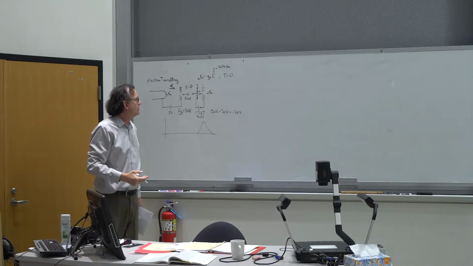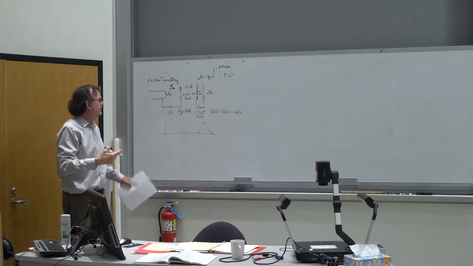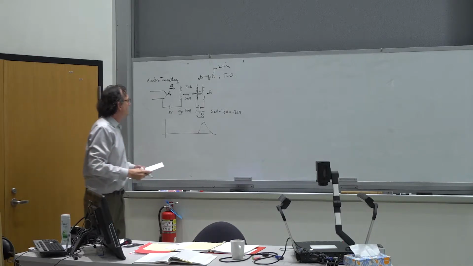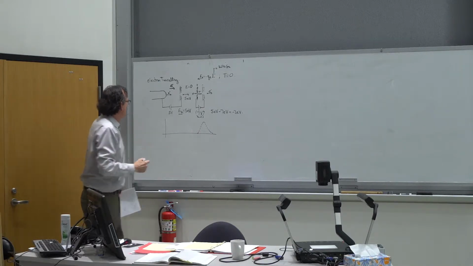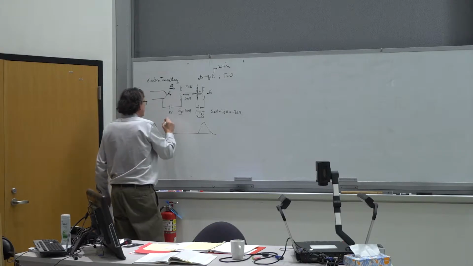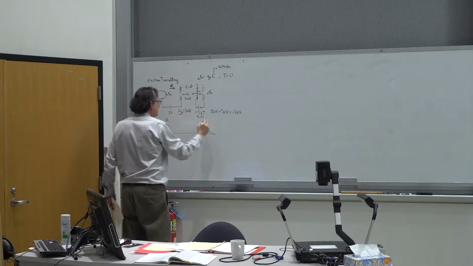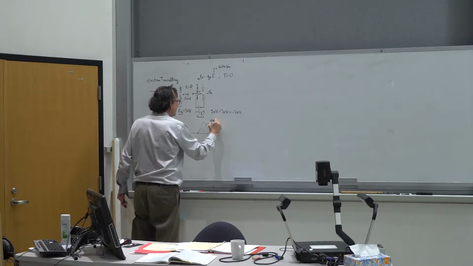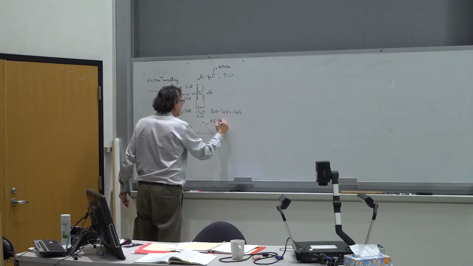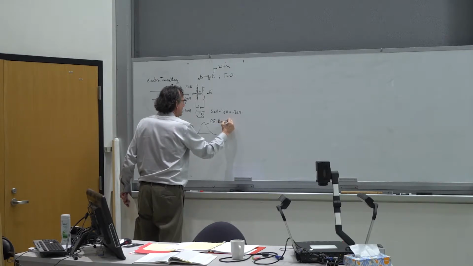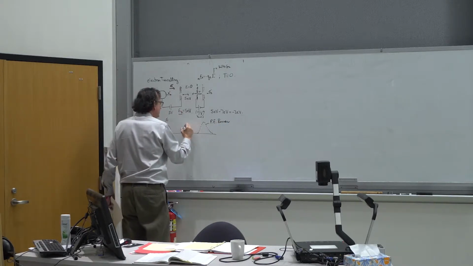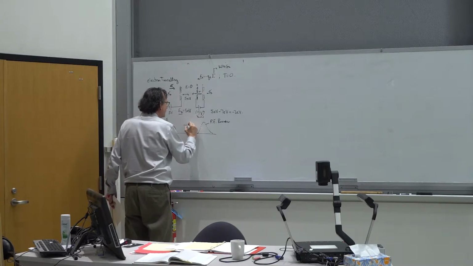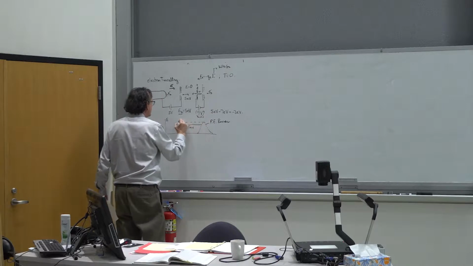Okay? Now, we know, as we derived last time, that this is exactly the case, and by the way, this is actually what I wanted to do. This was an energy diagram, so this would be the energy, and this would be the potential energy of the barrier, and the electron is coming in to the barrier at 5 electron volts, and the height of the potential barrier is 7 electron volts, right?